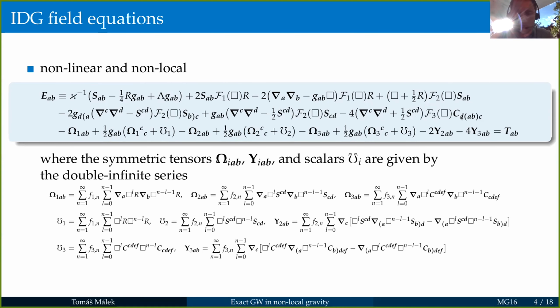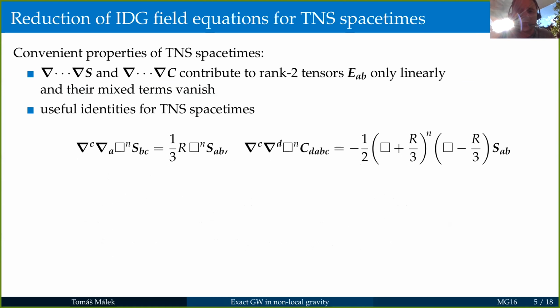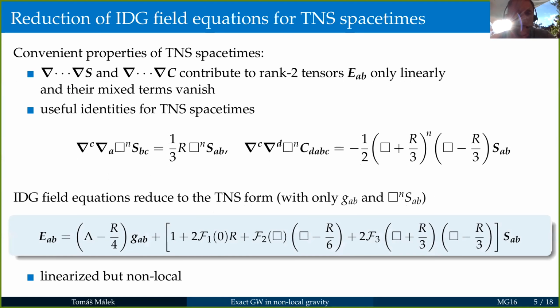But we can use some useful identities for TNS spacetimes. So everything which still survives in the field equations can be rewritten in terms of the box, the D'Alembert operator, and the trace-free Ricci tensor. So the field equation reduces to this form for TNS spacetimes.